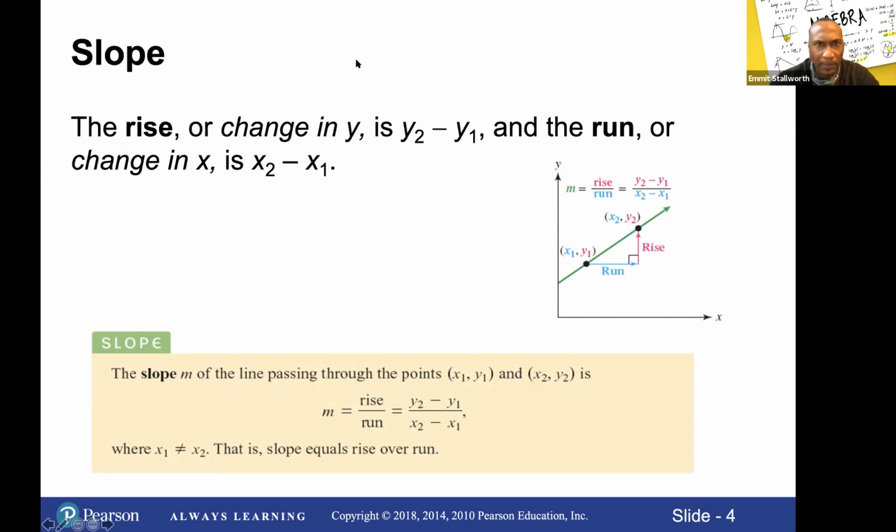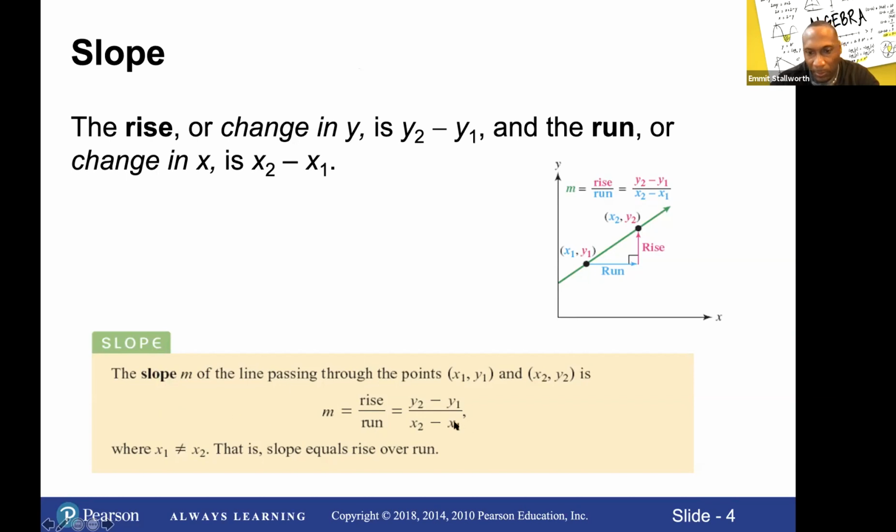It's the rise, or change in y, and the run, or change in x value. So you can see right here you got the rise, which is the change in the y value, and the run is the change in the x values. Down here is the definition of slope.